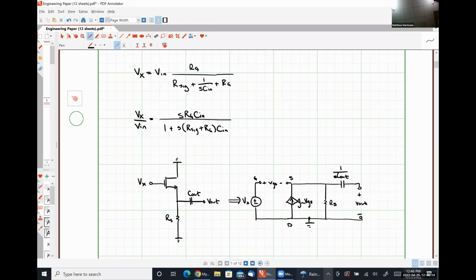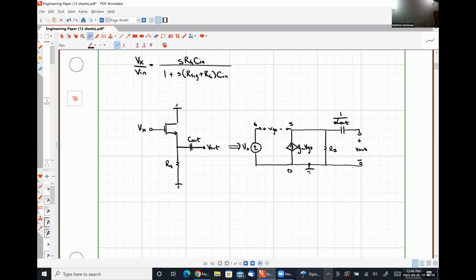So our analysis here, using Kirchhoff's voltage law and recognizing that no current is going to be able to branch off and flow through our capacitor, we can say that VGS is simply Vx minus Vout. Is everybody okay with that?